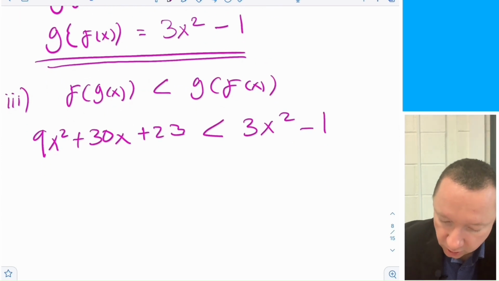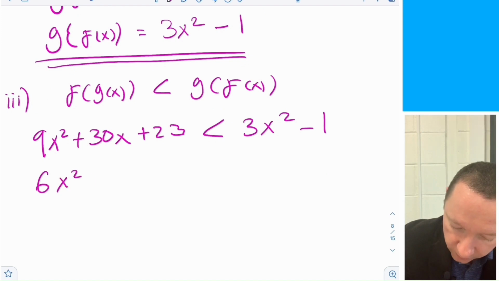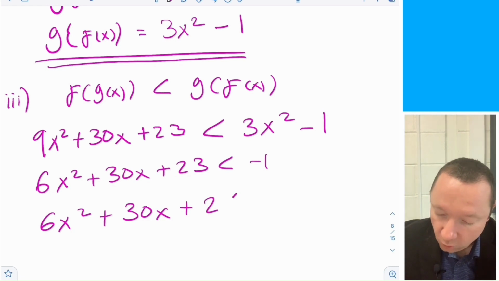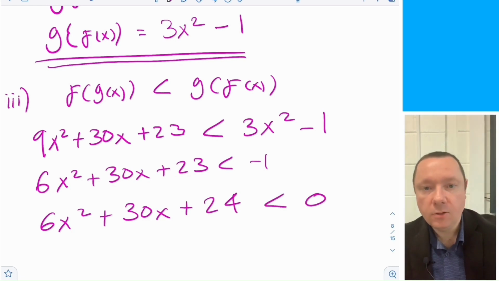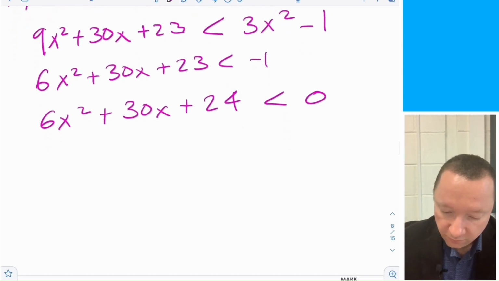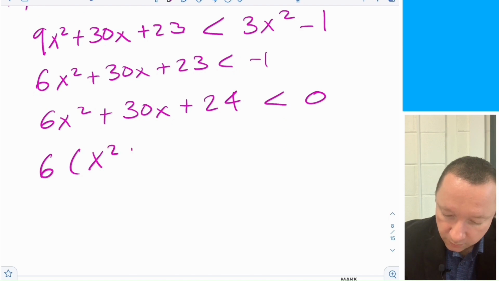Taking the x squareds across, we've got 6x squared plus 30x plus 23 is less than minus 1. So 6x squared plus 30x plus 24 is less than 0. So we've got a quadratic inequality to solve. So let's look for a common factor. 6x squared plus 5x plus 4 is less than 0.